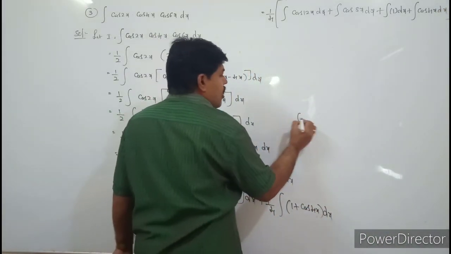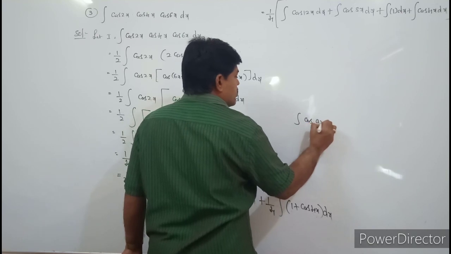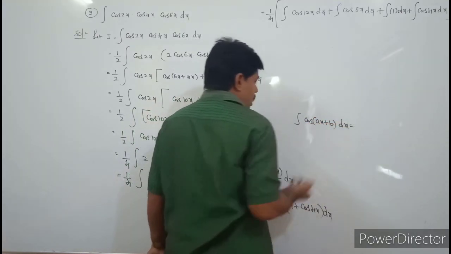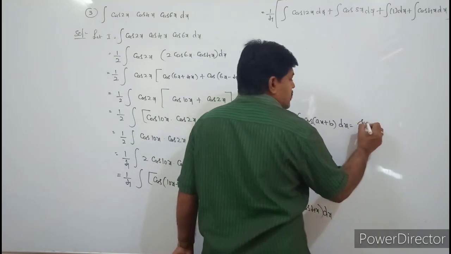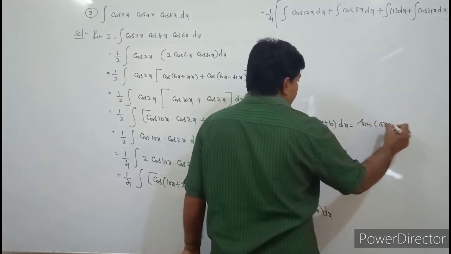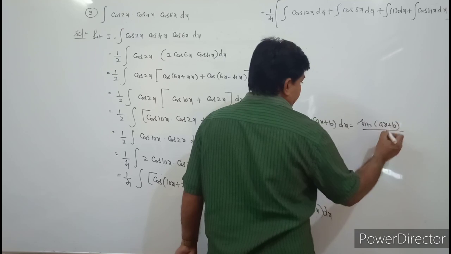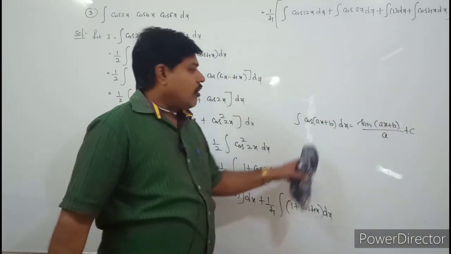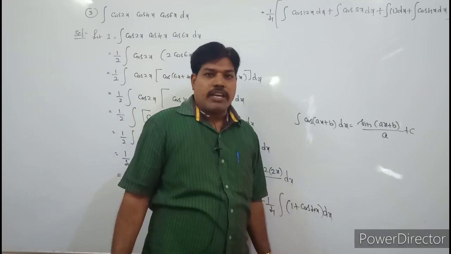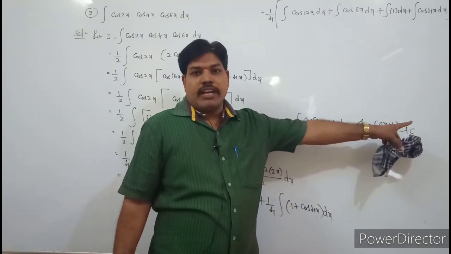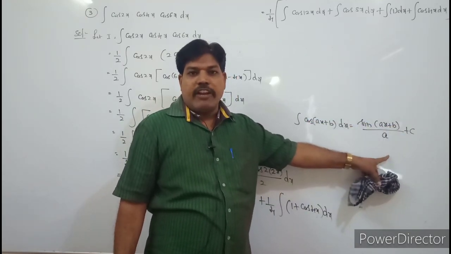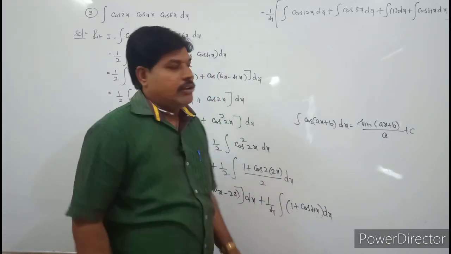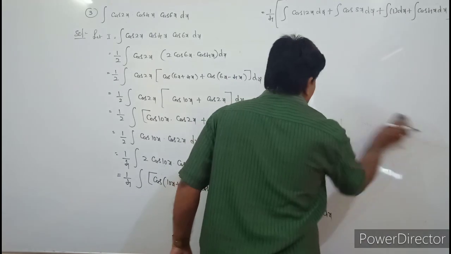What is the formula for the integral of cos of ax plus b into dx? It is sin of ax plus b by ax plus b, where the derivative a comes in the denominator, plus c. So you can apply the formula here directly.